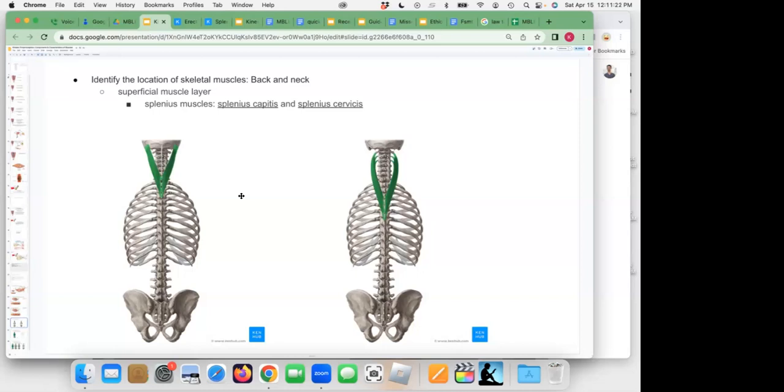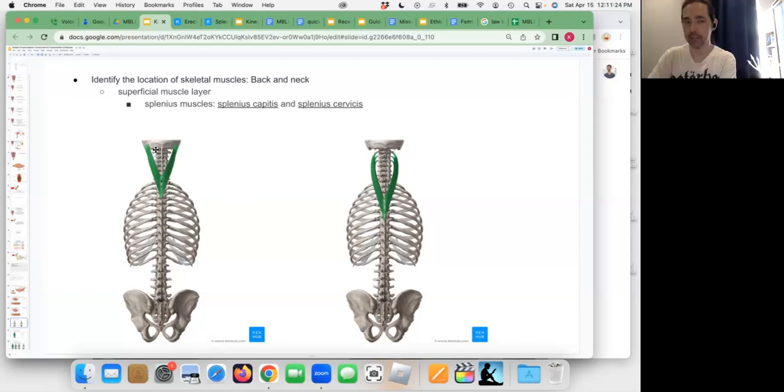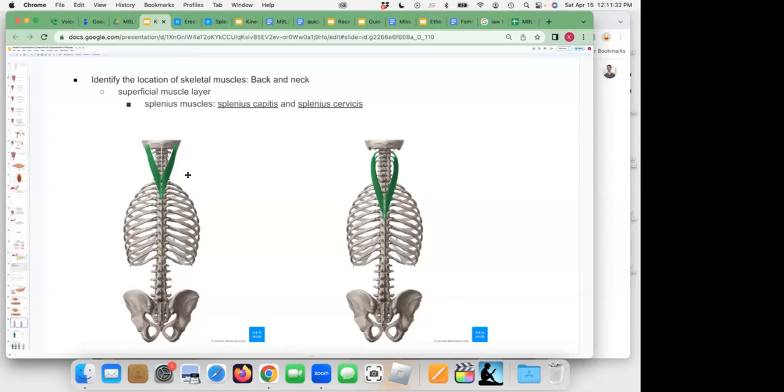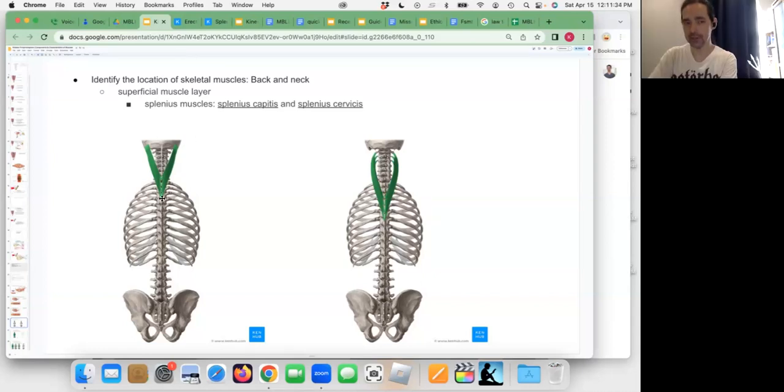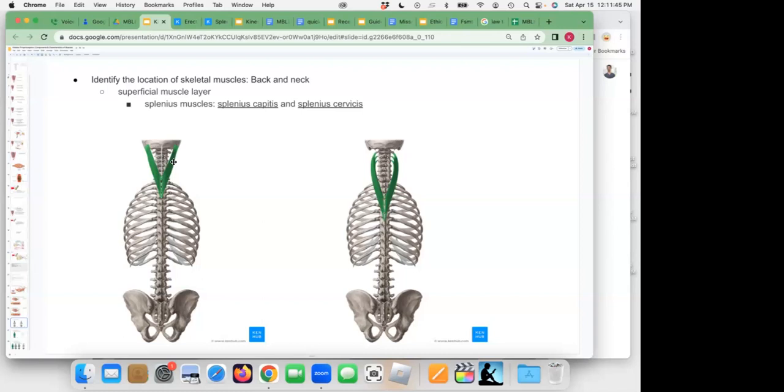Side flexion. If you contract bilaterally both sides at the same time, extension, side flexion, or rotation? Rotation. Okay, Sandra, third time's a charm, right? So both sides contracting bilaterally, would the neck extend or would it side flex or rotate? Okay, then it's rotation.